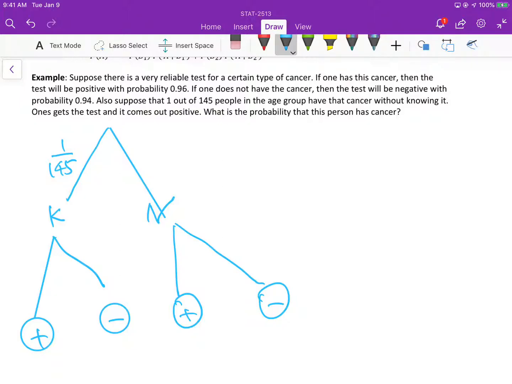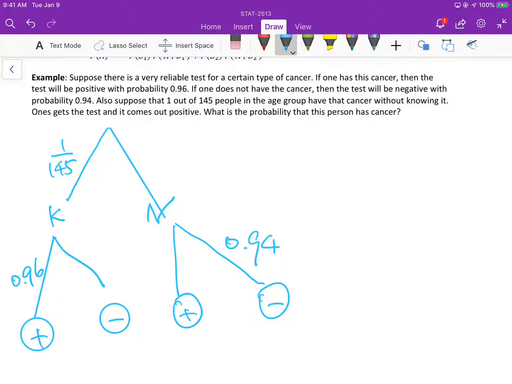According to the problem, if one has cancer, the probability of positive is 0.96. And if one does not have cancer, the probability of negative is 0.94.